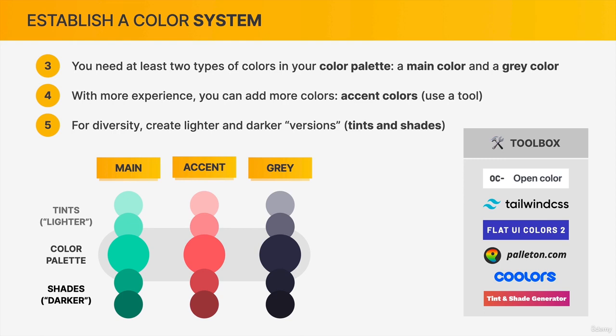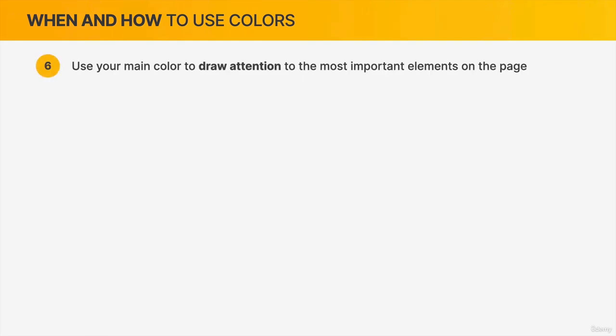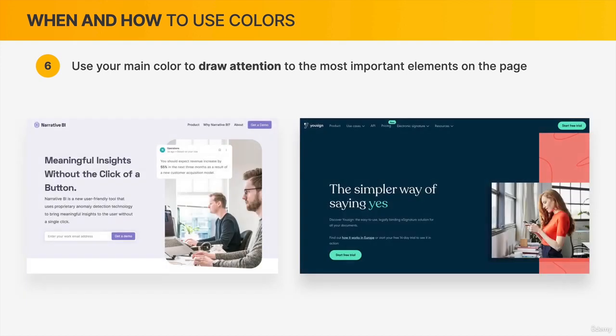And so all we need to learn is when and how you should actually use colors in your design. So usually the main point of using colors is to draw attention to the most important element on a page. So in these design examples here, you can see that the main color is always used to draw attention to the button, which is many times the most important element of a page, because, well, that's where we actually want our users to click, right?